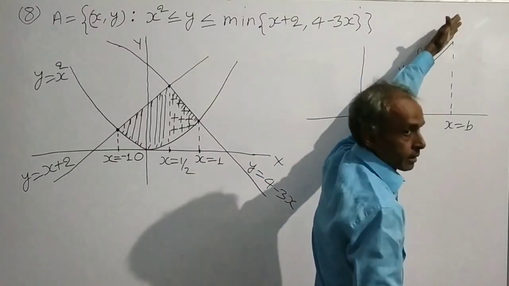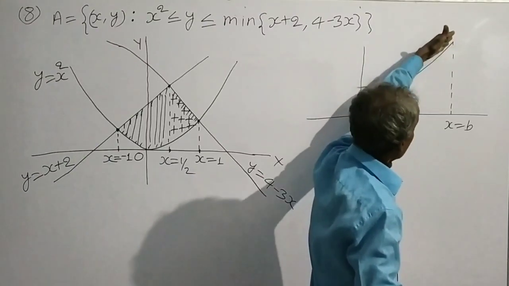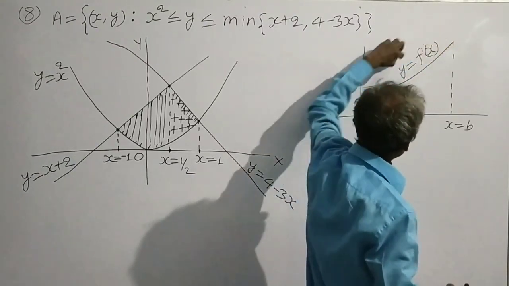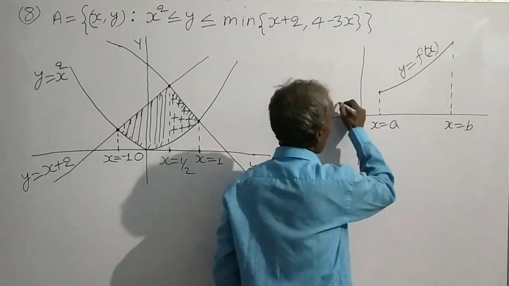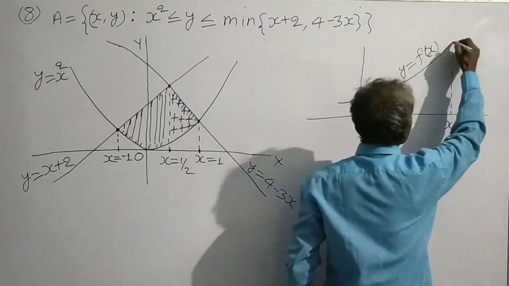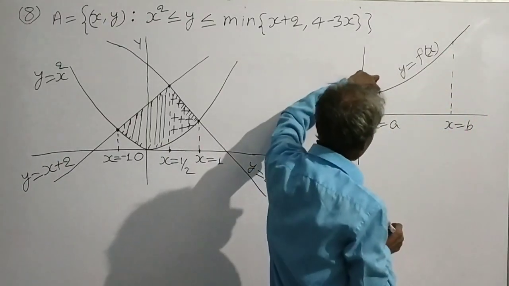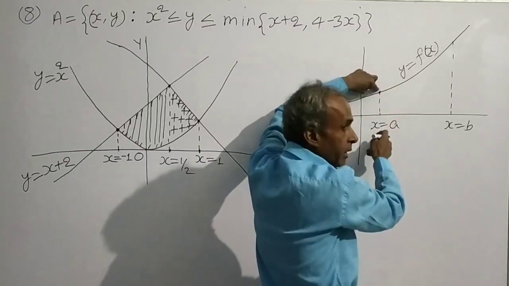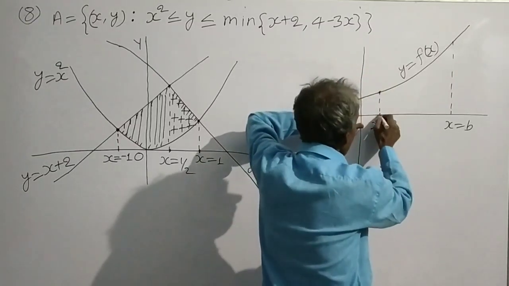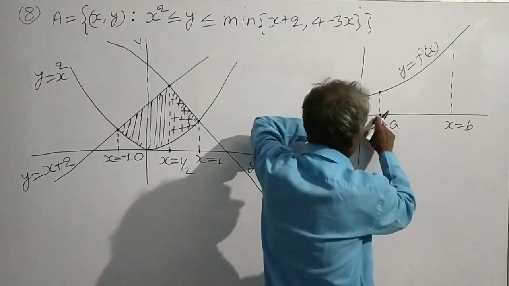Suppose this is the graph of y = f(x). On this graph, there is a point whose x coordinate is a. When we draw a perpendicular from this point to the x-axis, it meets the x-axis at a point.